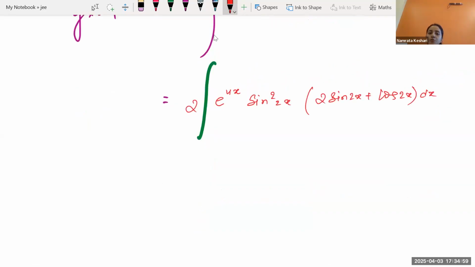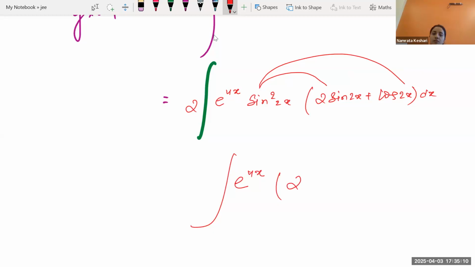If we introduce this sine in the bracket, what are we going to get? e to the power 4x, sine in the bracket will be 2 sine 2x cube, plus... Nothing is cancelling out. Just a second.